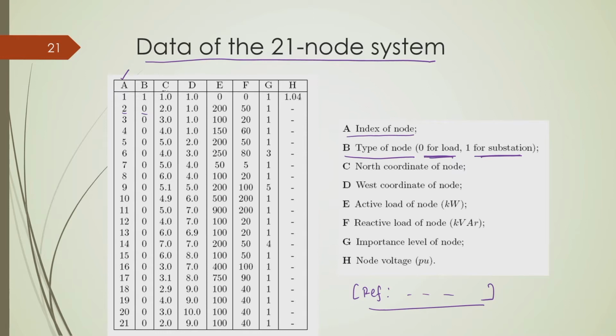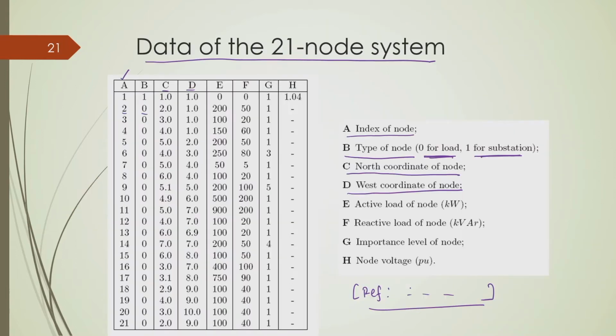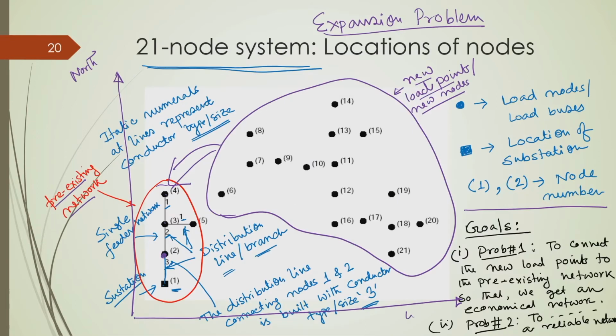And columns C and D represent the north coordinate and west coordinate of the node. This is basically shown in my last slide. So, suppose this is your coordinate system. Basically, all these nodes are located within this coordinate system, and this is north and this is probably west coordinate. Okay.